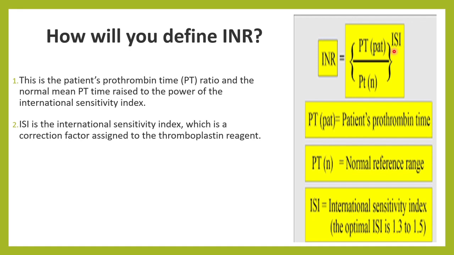This is a correction factor which is assigned to the thromboplastin reagent. So INR calculation is the patient's value over the mean normal PT, raised to the power of the International Sensitivity Index. This ISI usually is between 1.3 to 1.5.